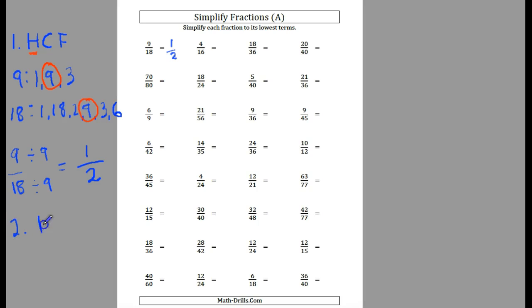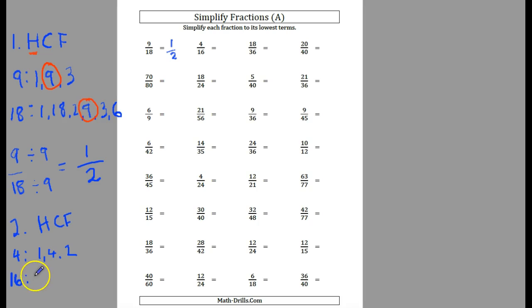So the first thing we're going to do is find the highest common factor. We're looking at the number 4 and the number 16. The numerator, the number on the top, is 4, and the denominator, the number on the bottom, is 16. Now you can write the factors of 4: 1, 4 and 2.